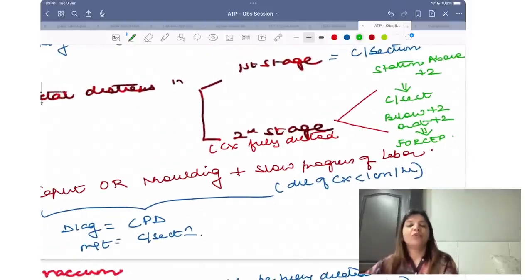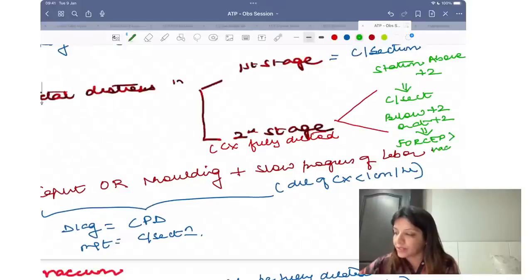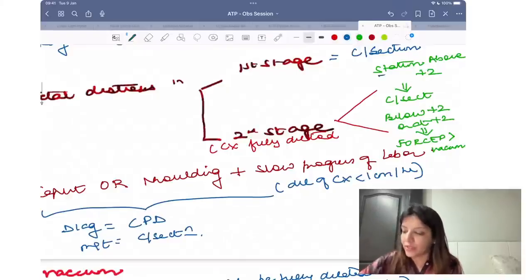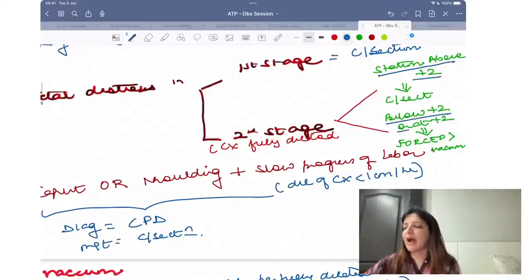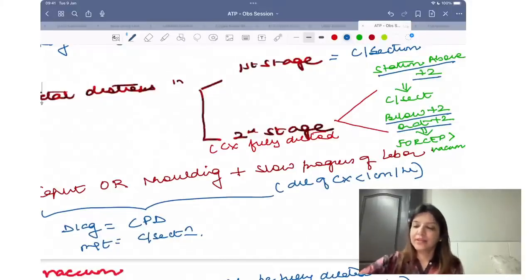Please remember, in case of fetal distress forceps are better than vacuum, right? So the only thing I have to keep in mind is whether the station is above +2 or whether the station is at or below +2. Clear?